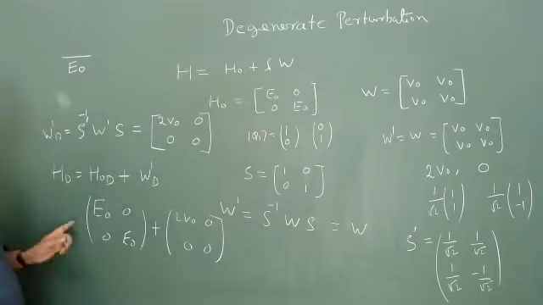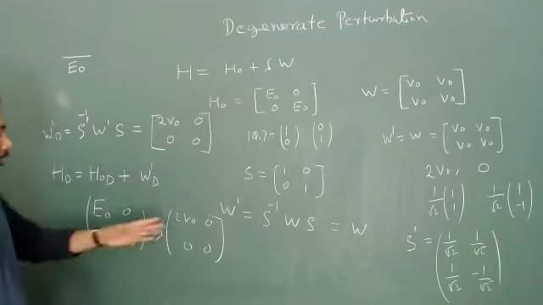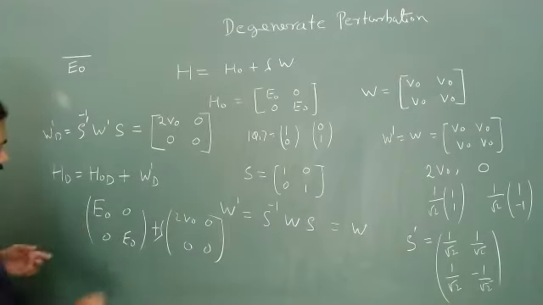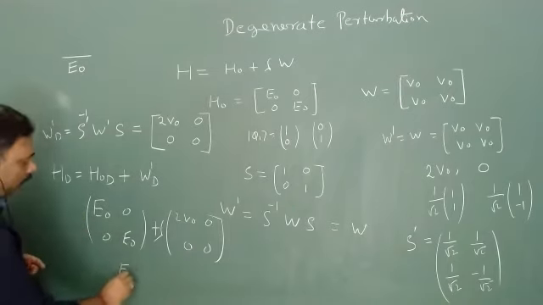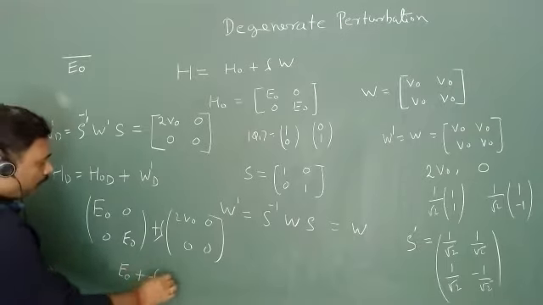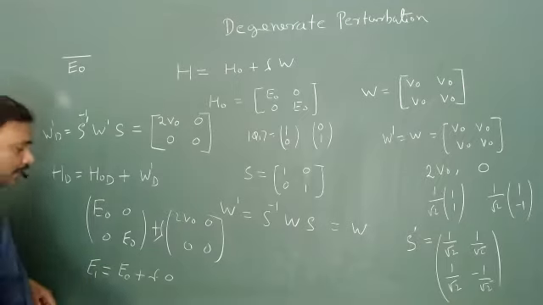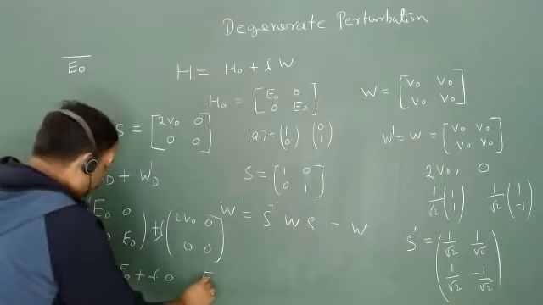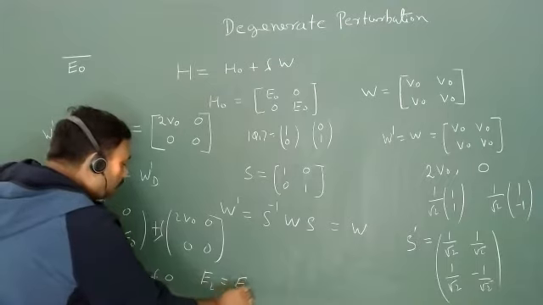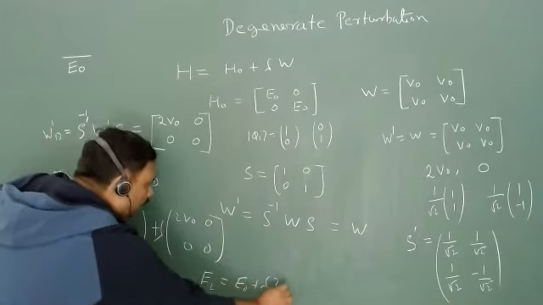Before, there is some lambda, and we have the eigenvalue, and the eigenvalue will be E naught plus lambda into 0. This is my first eigenvalue. Let's say this is the ground state, and there must be E2, and that value is E naught plus lambda 2V naught.